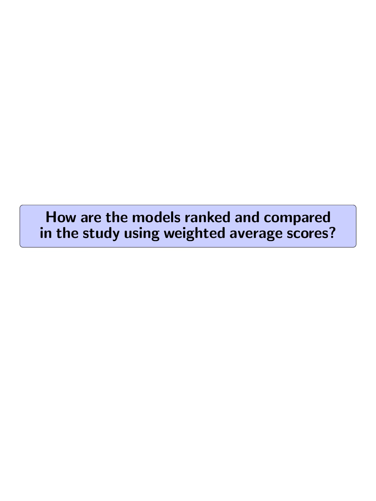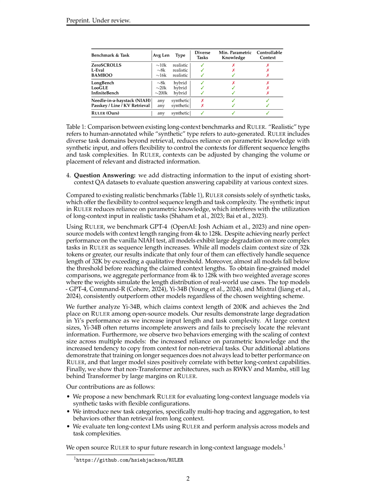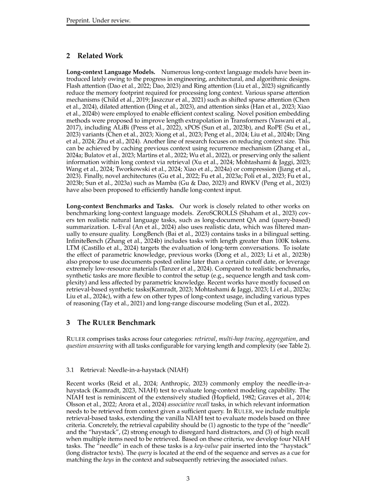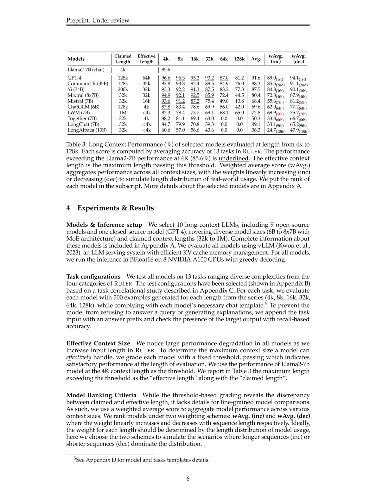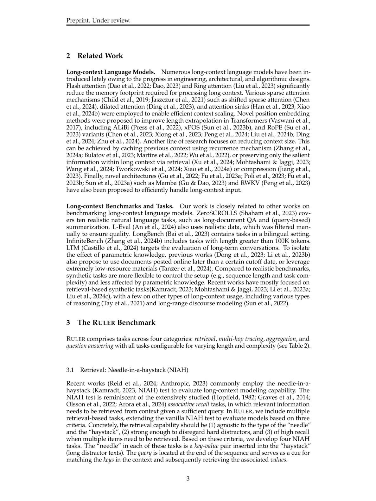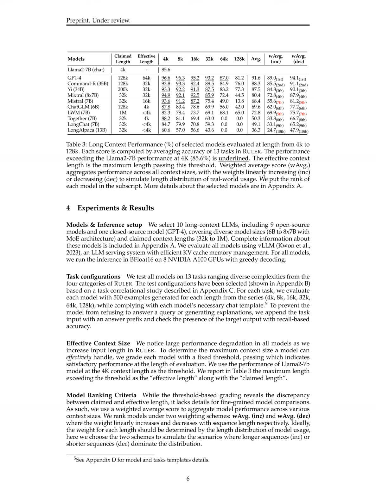How are the models ranked and compared in the study using weighted average scores? The models are ranked and compared using weighted average scores by aggregating model performance across various context sizes. Two weighting schemes are employed: wAvg inc and wAvg dec. In the wAvg inc scheme, the weight linearly increases with sequence length, simulating scenarios where longer sequences dominate the distribution.